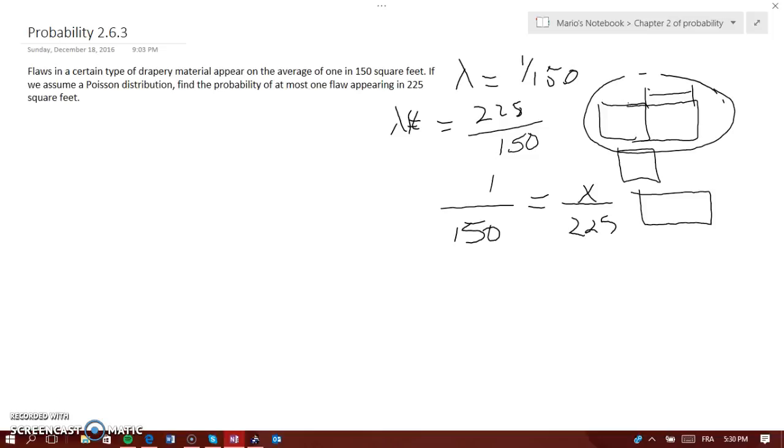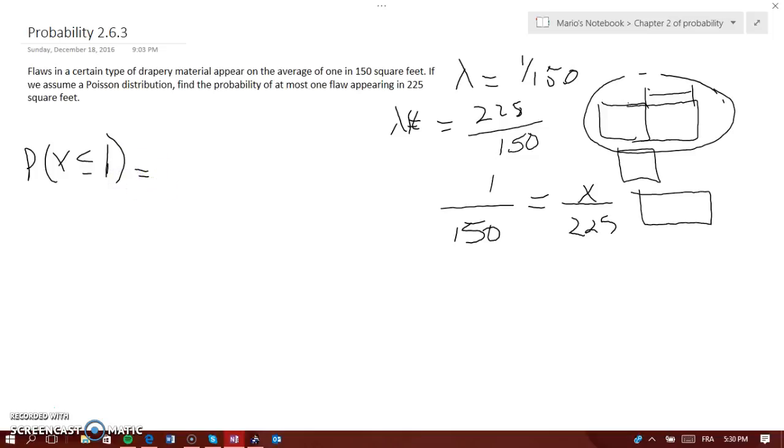Basically, what is x going to be equal to when we find the probability of having one flaw in 225 square feet? So, what is the probability of finding x at most one flaw, less than or equal to one flaw.